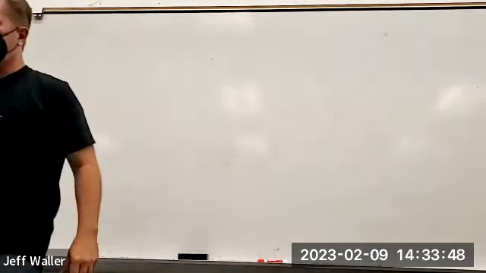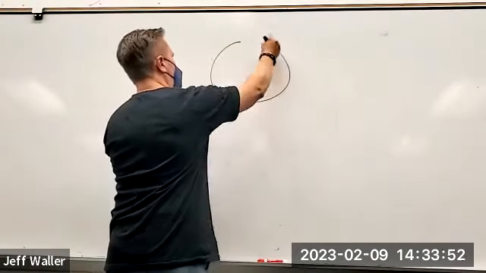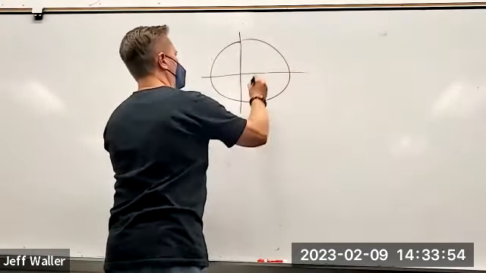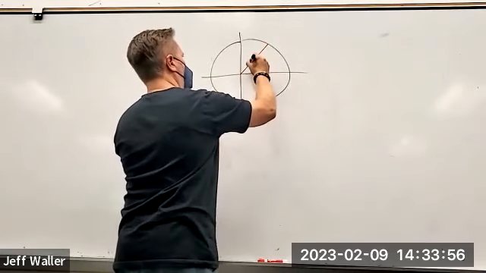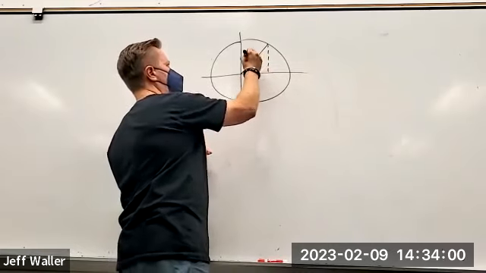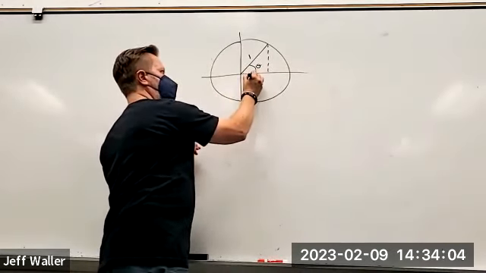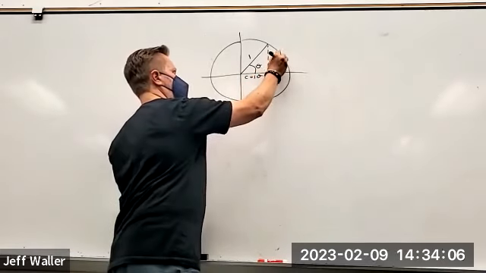So let me see. Yeah, let's go back to that. So in the unit circle, if I'm at some angle, let's say this is 1. This would be cosine, and this would be sine.